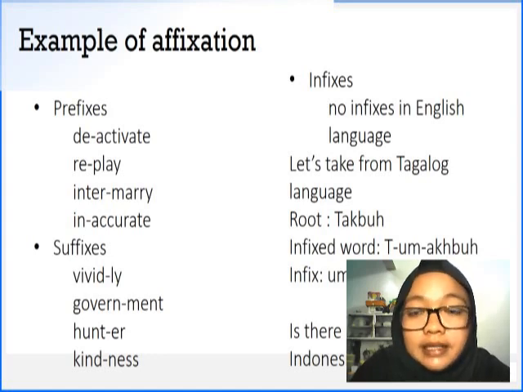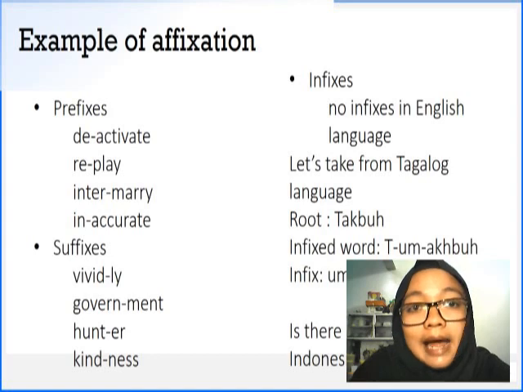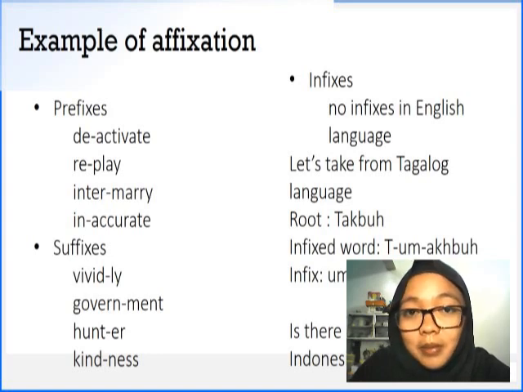The prefix is re. And then intermarry, the prefix is inter. Inaccurate, in is the prefix and accurate is the base or the root. Inaccurateness, so accurate is the base. Remember that.